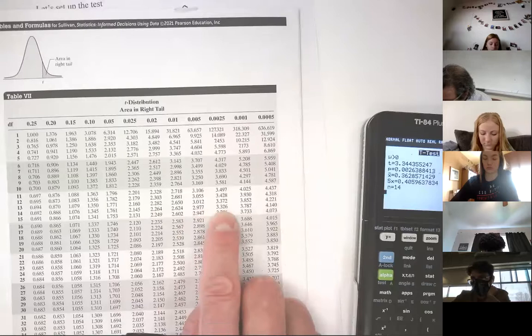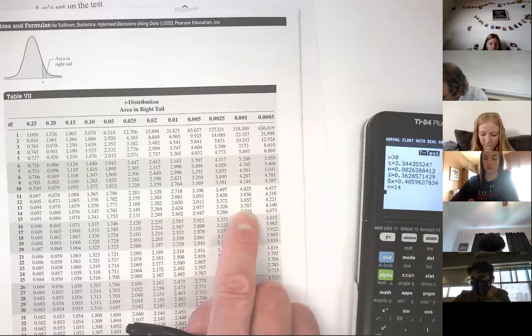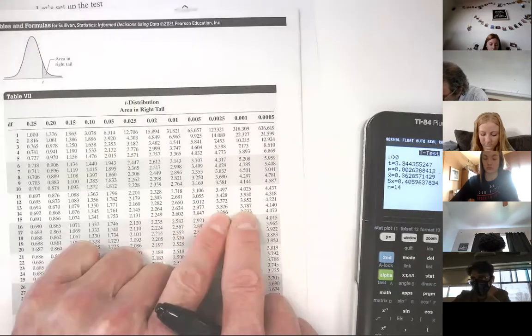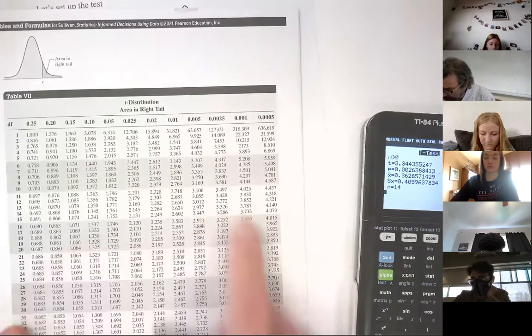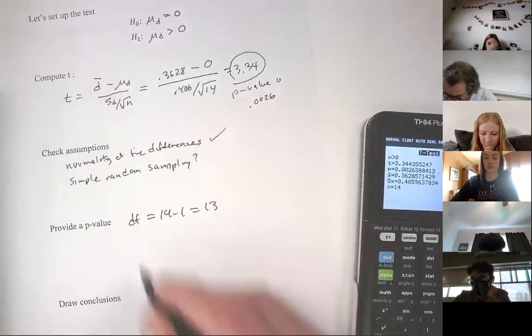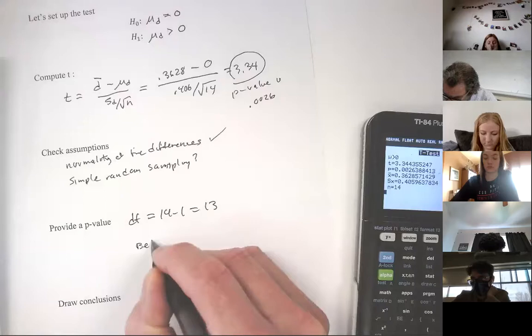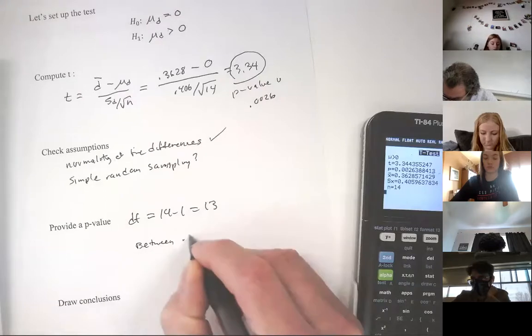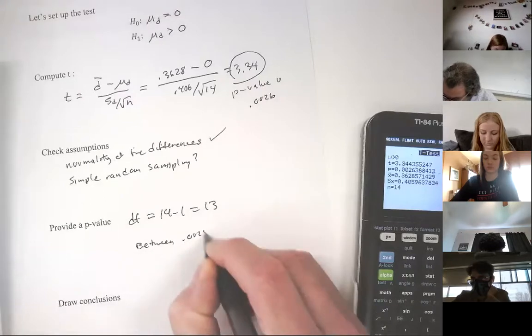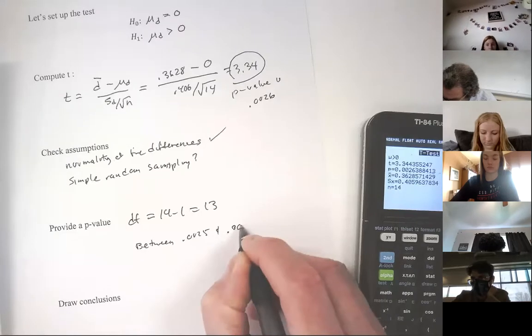So it's between here and here. So the tail probability is between the two numbers on top, 0.0025 and 0.001. We'll check that. Between 0.0025 and 0.001.